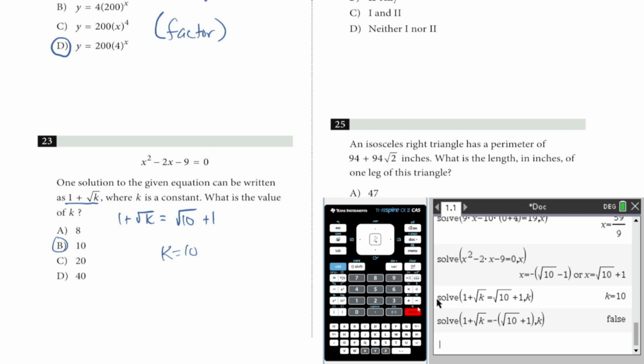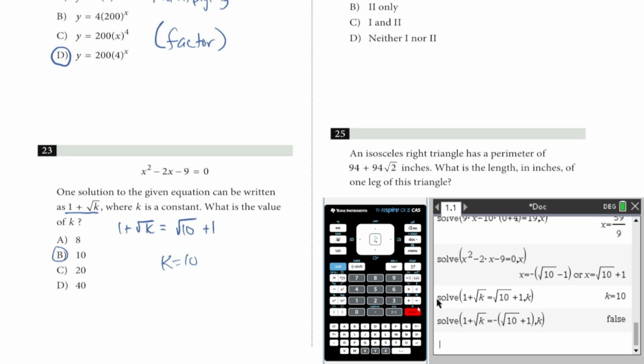It just won't give you an answer. It will say false. So that's how you can tell if you accidentally pick the wrong one at first, you won't get a wrong answer. You just may not get an answer. So if that happens, that just means try the other choice. All right. Again, since they said that there was a solution, generally that means we're probably going to try to find the solution or at least solve for x.